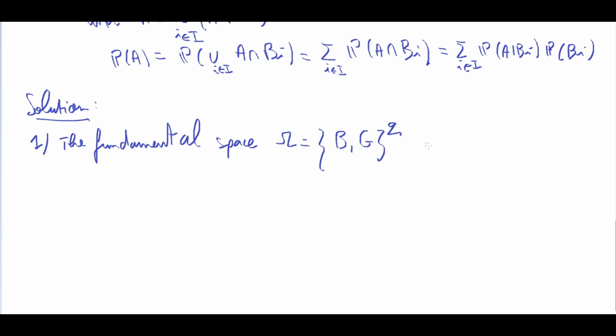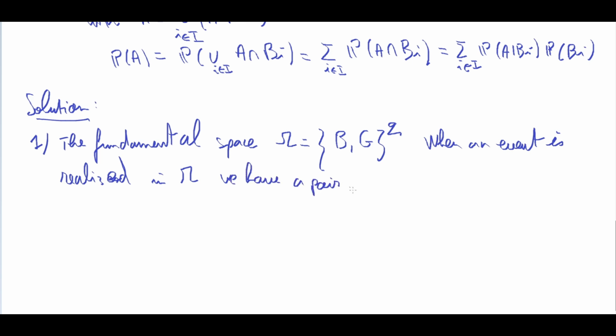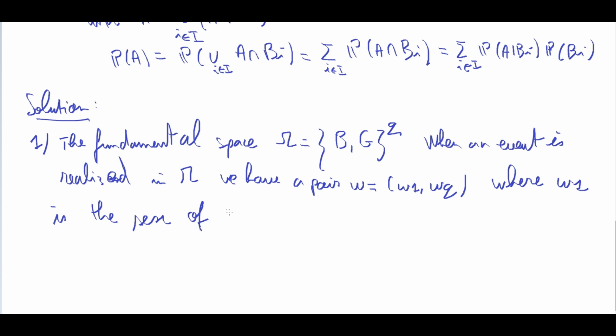When an event is realized in omega, we have the pair omega equal to omega 1, omega 2, where omega 1 is the possible sex of the elder and omega 2 is the sex of the younger.